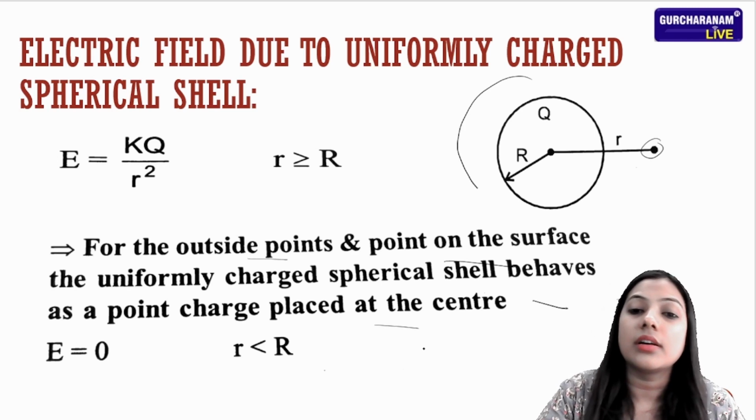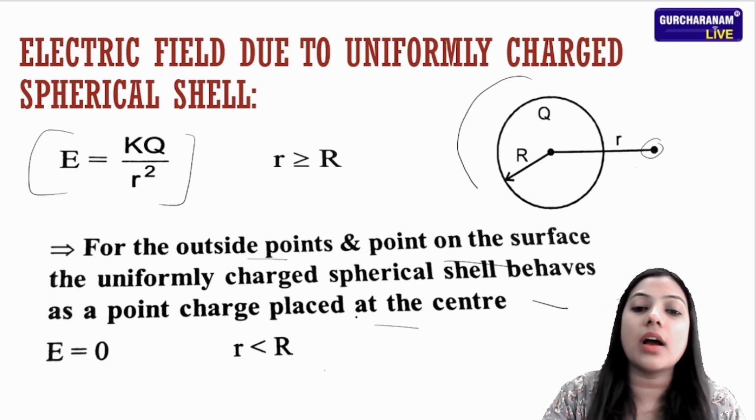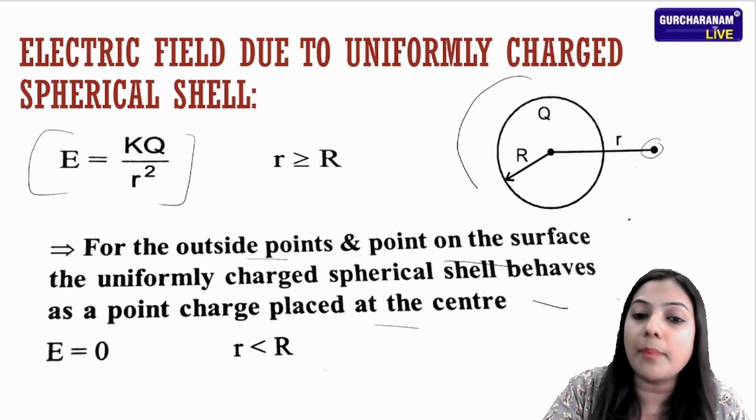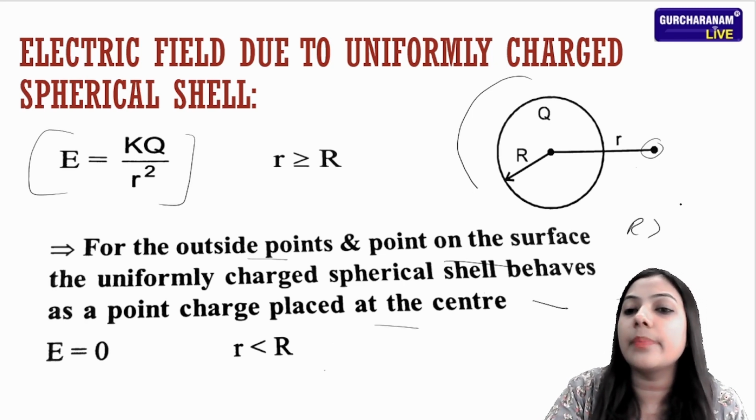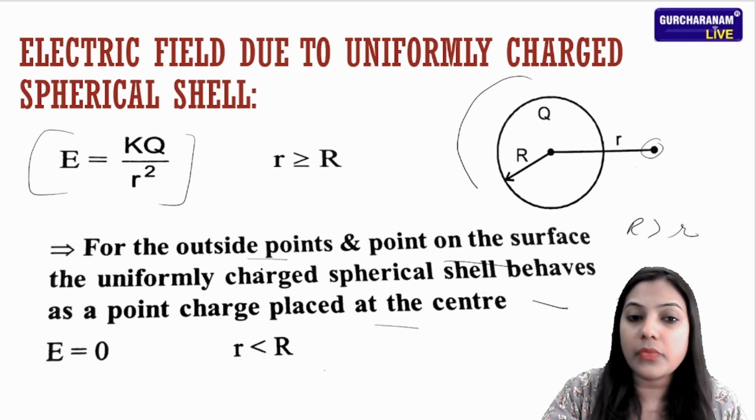Understand, friends? So that is why we can say E equals KQ upon R square, and in this the value of capital R is greater than the value of small r. You can see in this diagram, and E is equal to 0.